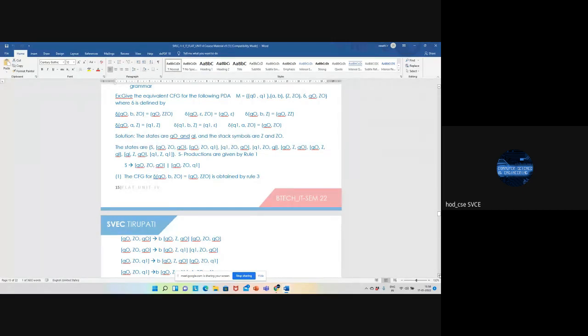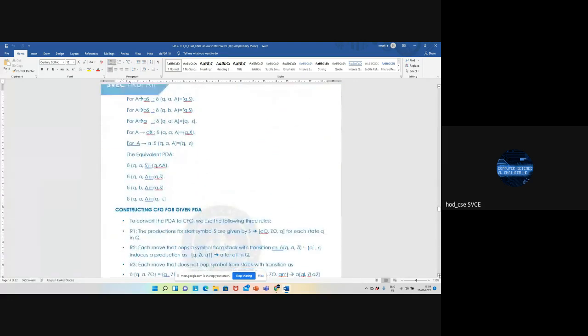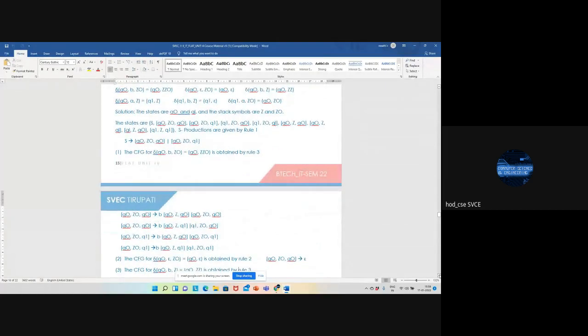We'll see with an example. The context-free grammar for δ(q0, b, Z0) = (q0, ZZ0): we are pushing Z onto the stack.